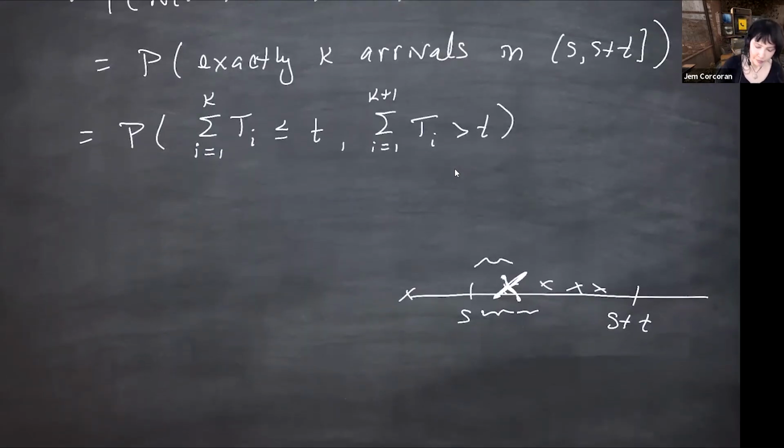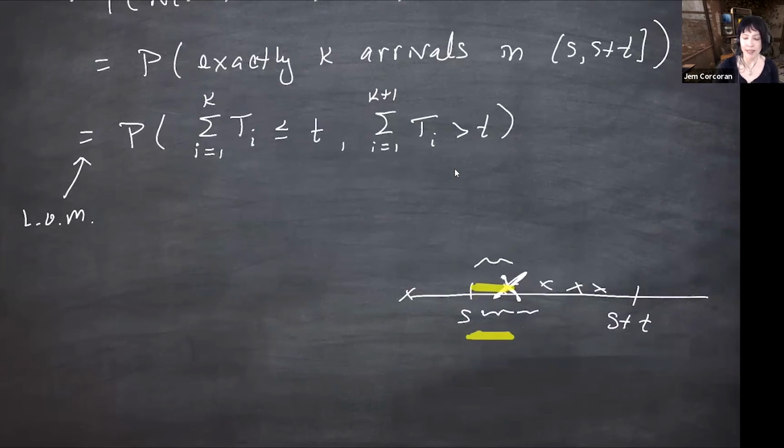Number one, I used lack of memory just to get that this very first time is exponential. Then I used IID-ness to not worry about the subscripts, because this first interarrival time, when we start looking at time s, is probably something like T_15.